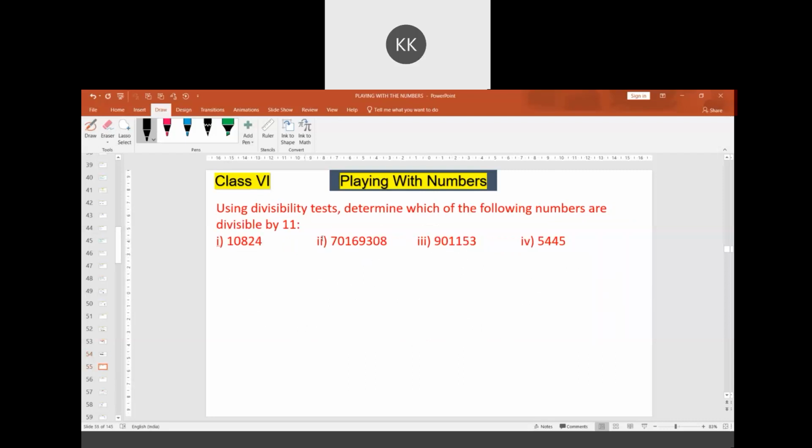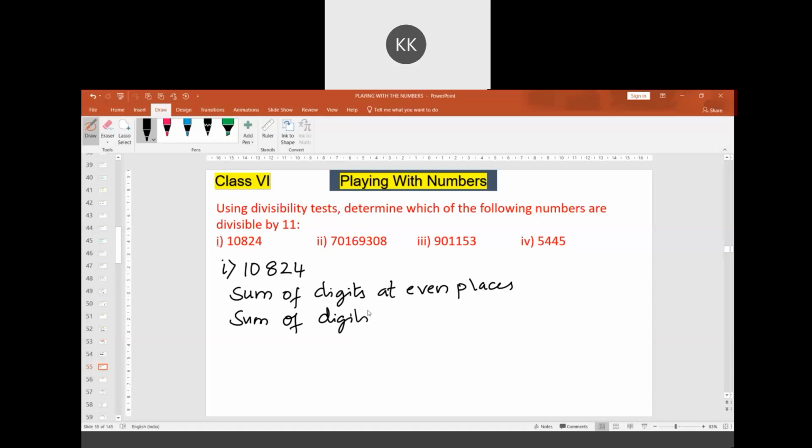Now look at the test for divisibility by 11. Here we should write in detail. If I consider the first one, 10824, I need to write the statement sum of digits at even places, and also I need to write the sum of digits at odd places.